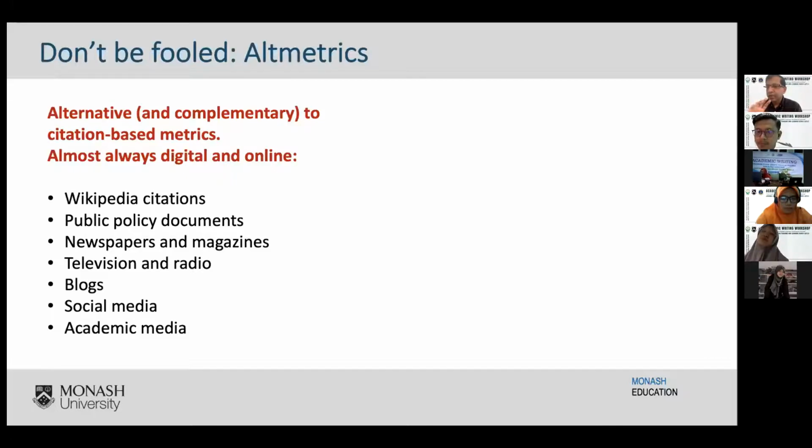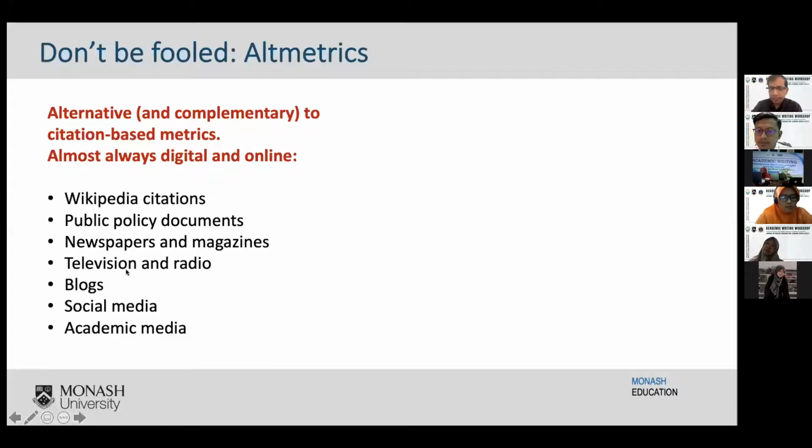If you use Facebook or Instagram, that's fine. That's a good thing. It's social media. If you use academia.edu or ResearchGate or LinkedIn, these are called academic or professional media, and you can also get a lot of citations, etc. But don't get fooled. These are not the same thing.